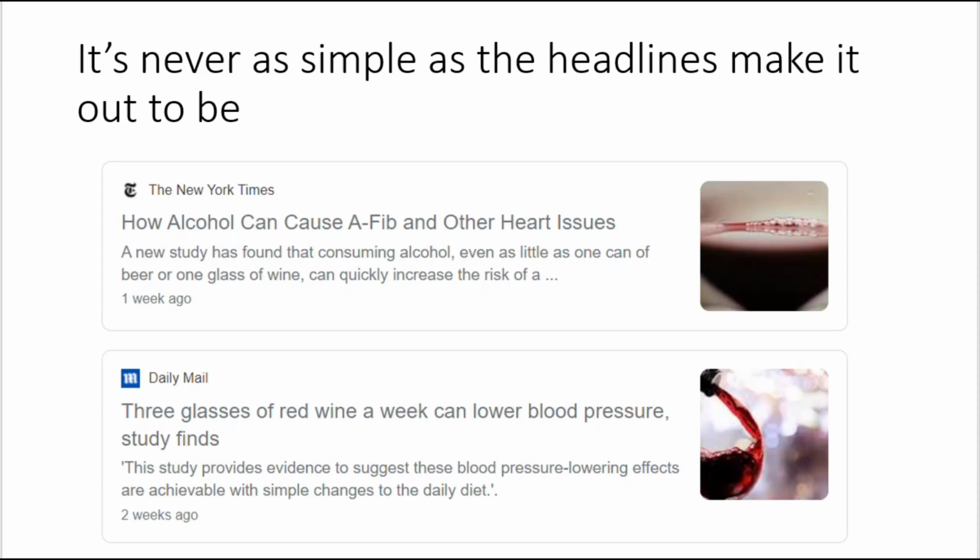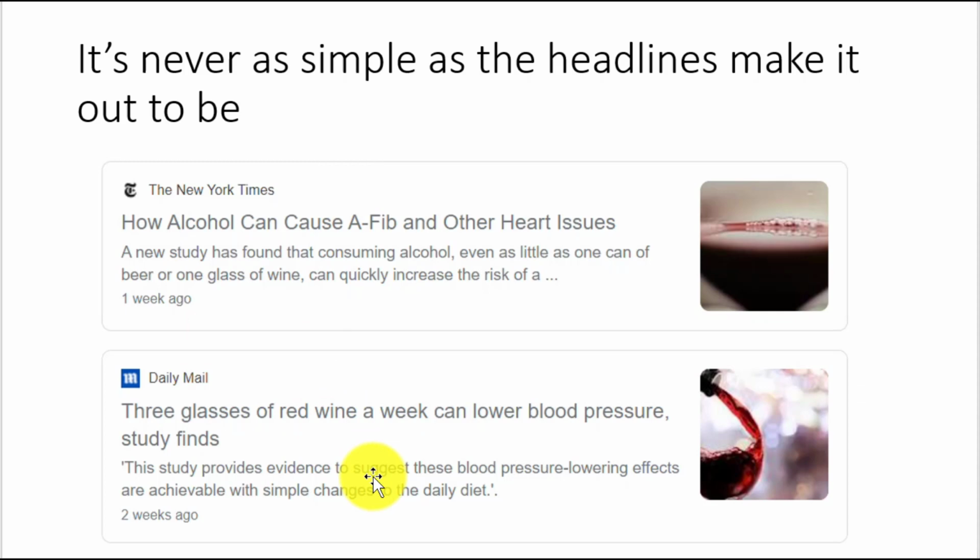So for example, I just did a quick search on red wine healthy on Google News, and these two articles popped up. One was published a week ago, one was published 2 weeks ago. One claiming that alcohol can cause atrial fibrillation, which is a heart condition that can be very, very bad.